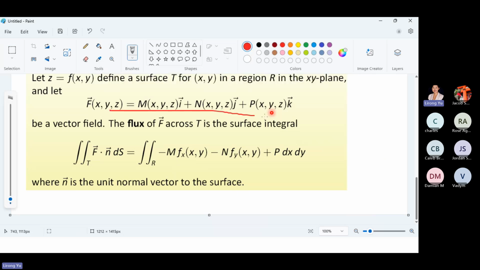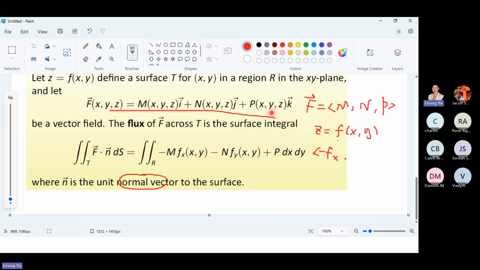What we have is F. If we write F shorter, F is this vector represented by M, N, and P. And then we can identify the normal vector of a surface. If you remember, if your surface is z equal to f(x, y), what was the normal vector that we applied?